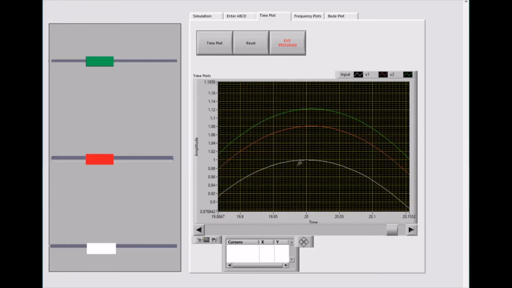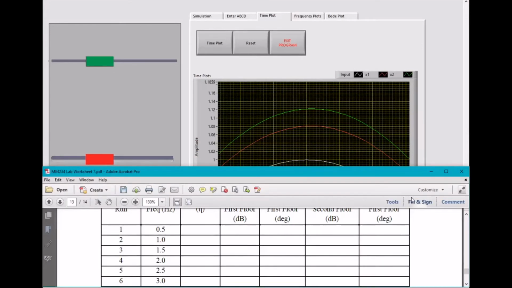Okay, see, when the base is at 1 unit to the right, floor 1 is at 1.08 and the other is 1.12. I'm going to type those in. So this one doesn't change, this is still 0.19, and the first floor, not dB.